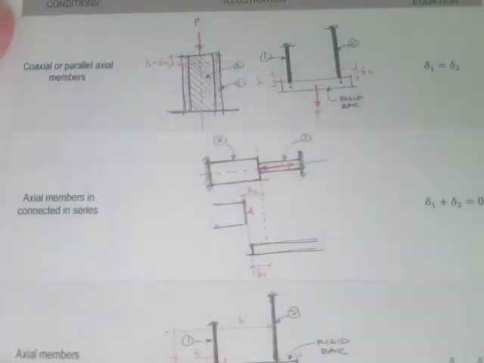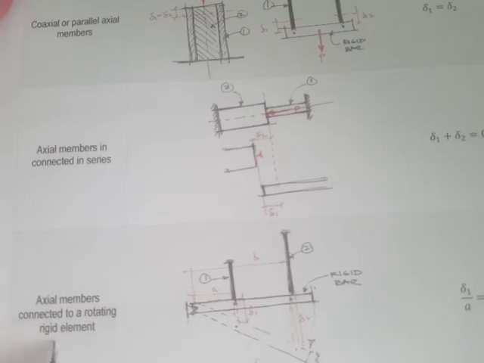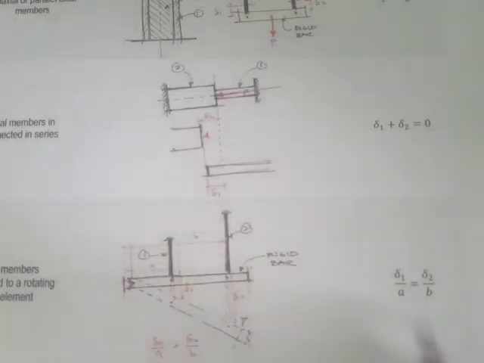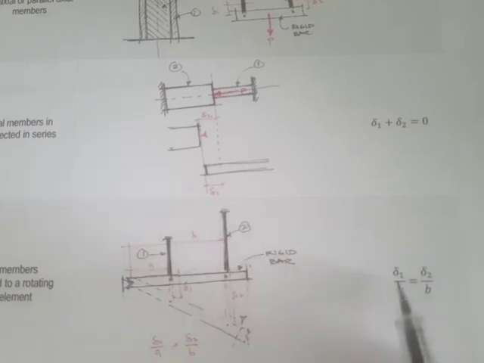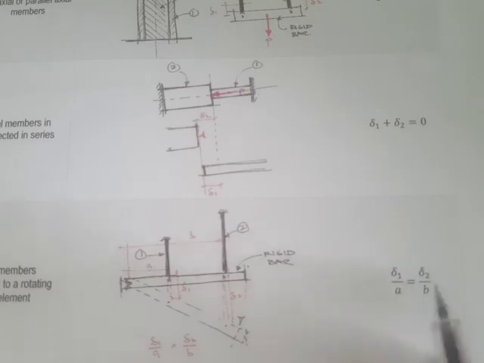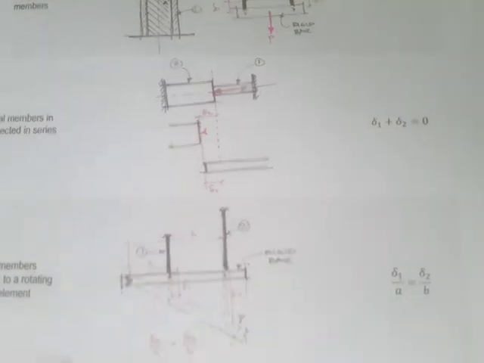So we have here axial members connected to a rotating rigid element, and we have this guide for the compatibility equations.